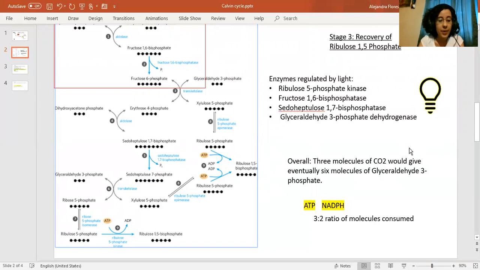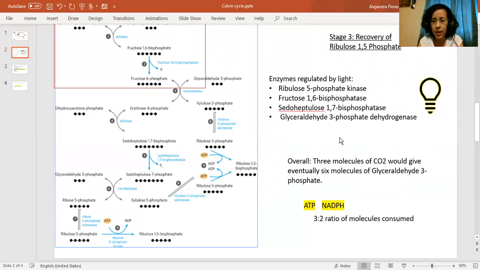What is gonna happen is that light drives the reduction of the disulfide bonds between the cysteine residues of this type of enzymes, which is gonna activate all of these enzymes.